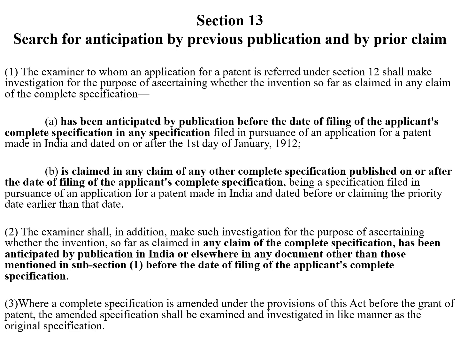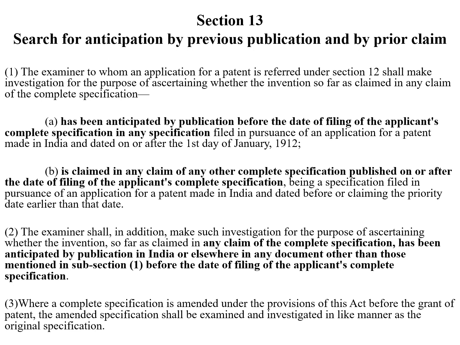So previous publication can be any document, any oral verbal statement, or any written document, any non-patent literature or patent literature, anything. So it sees whether any claim of the complete specification has been anticipated by publication before the date of filing of the applicant's complete specification, or if it is claimed in any claim of any other complete specification which is published on or after the date of filing of the applicant's complete specification.